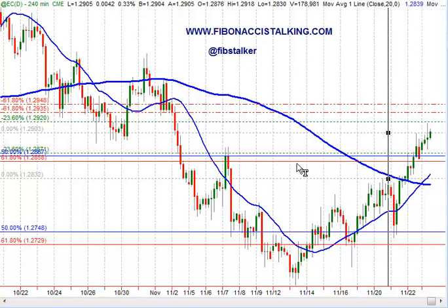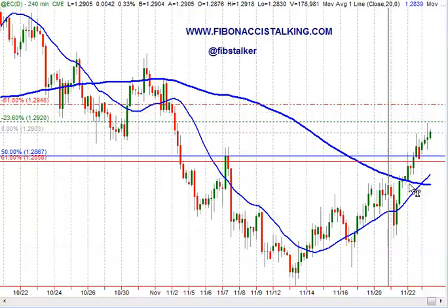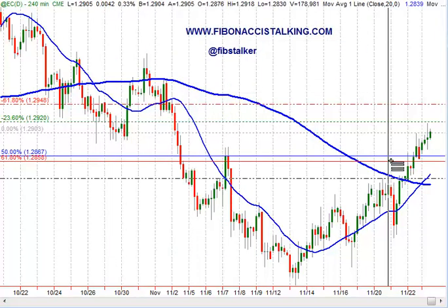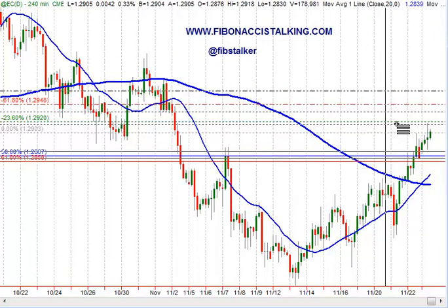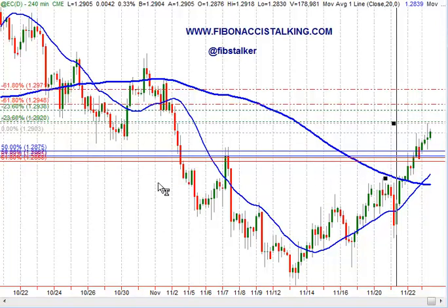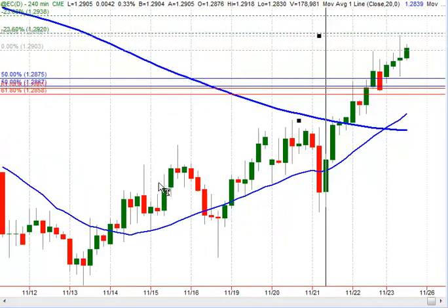Where the failure would come is below 128.58. In this case, we could see a retracement, as we said, to 128.20 or 127.90. If we want to be a little bit more aggressive, we could also define another level of failure here, which is actually the next extension, which is basically 128.85.